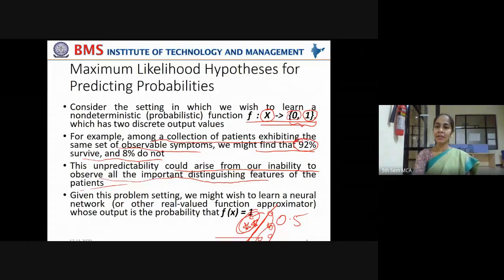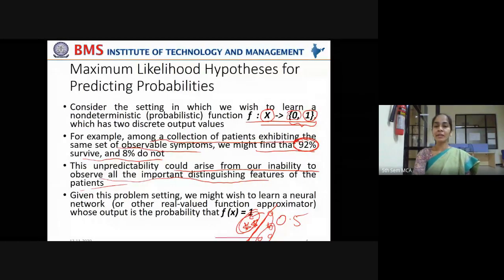That is why 92% of the patients we are able to observe, according to what symptoms they have, are surviving. But of the same symptom patients, 8% of them are not surviving also. There is some uncertainty in the hypothesis. There is some uncertainty in the outcome. Why is it? Because there may be some symptoms which are unpredictable, which are unobservable.